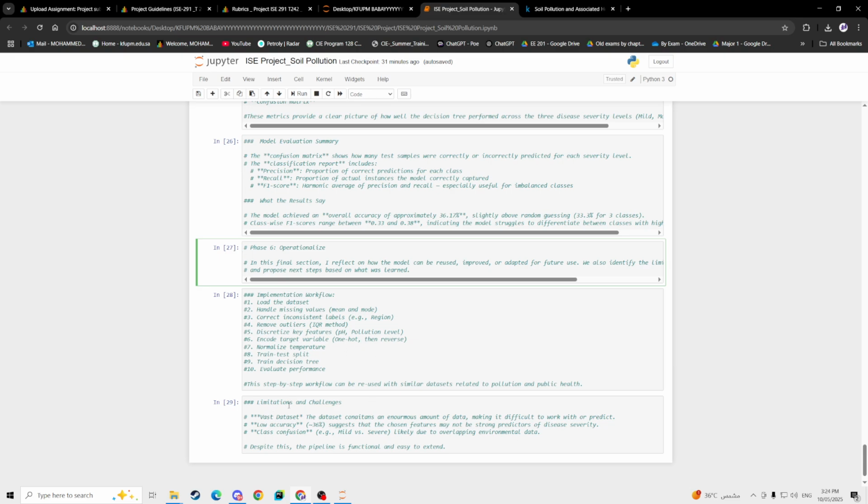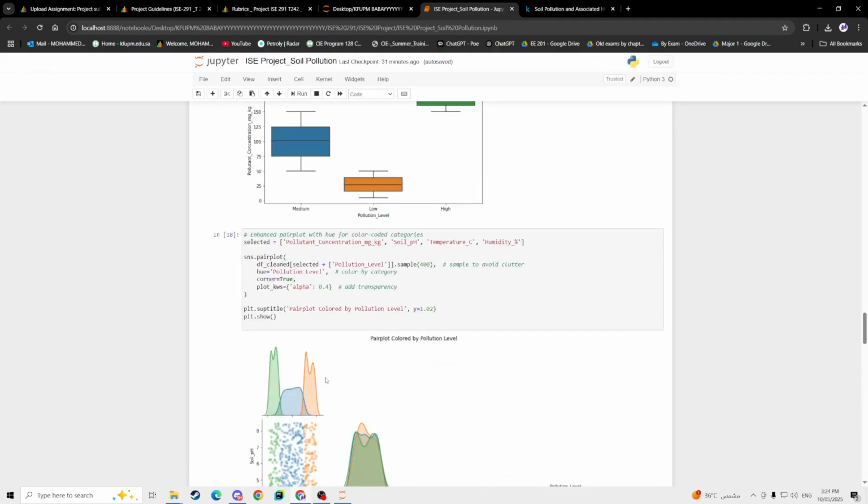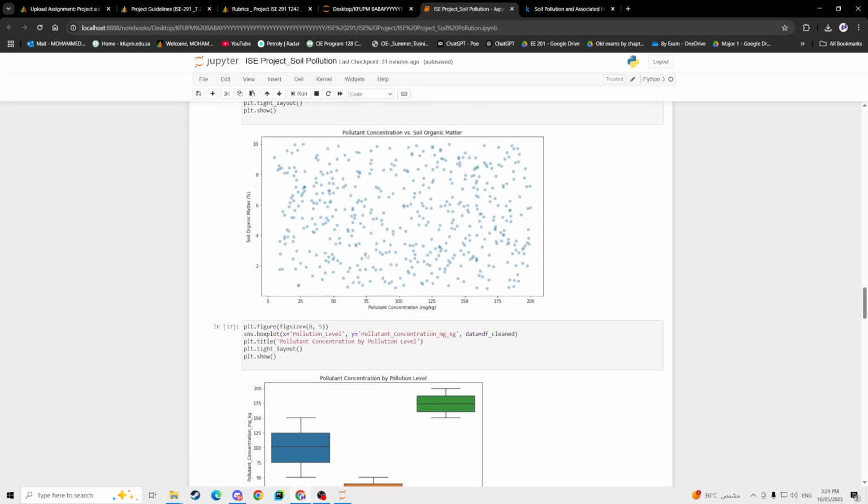Some of the limitations and challenges that were present in this course were, of course, the vast amount of data, as I've mentioned before, and that can be seen from the scatter plots.